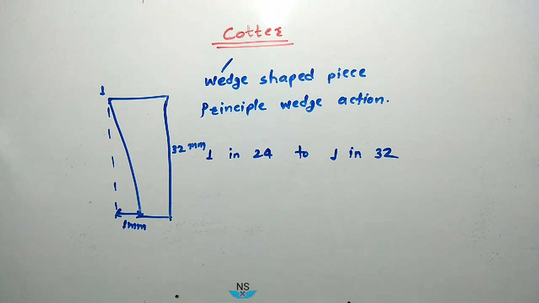That is nothing but 1 in 32 or 1 in 24. So for easily removing the cotter and dismantling, this taper shape is provided on cotter.